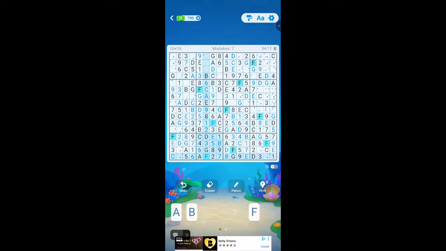Let's move on. Is F done? F is not done. Okay, so this one forces an F into here because the other one needs it on the other position. We don't know which one, but we don't need to know because it can't be on that line anywhere else in any of the other boxes. It's blocked everywhere else.